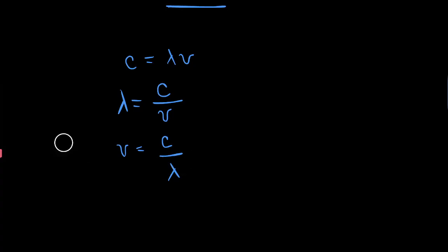Another thing to keep in mind is, if you remember from the last video, we saw how we could find the energy of a photon if we were given its frequency. So we can see E equals h nu, where E is the energy of our photon.